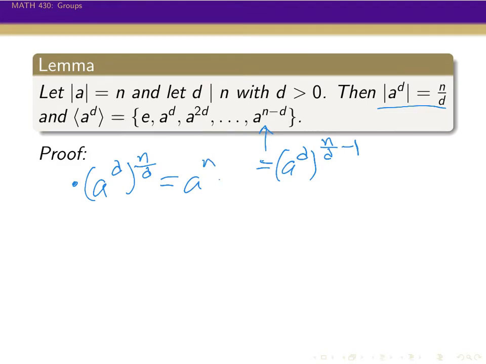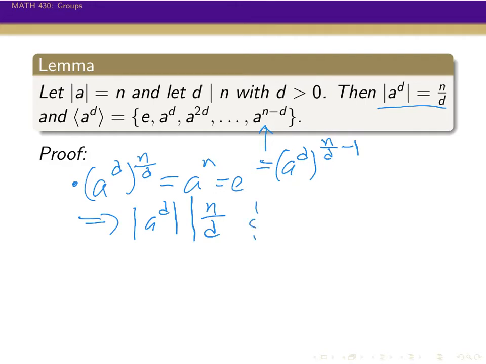Exactly a to the n, which gives us the identity. So if I raise a to the d to the n over d, I get back the identity. This means that the order of a to the d has to divide n over d, because we have found a power of a to the d that gives us the identity.